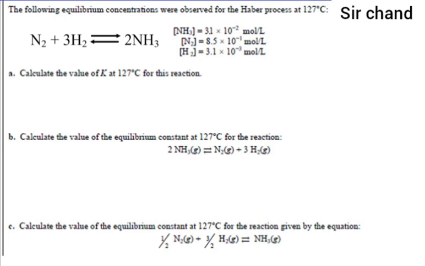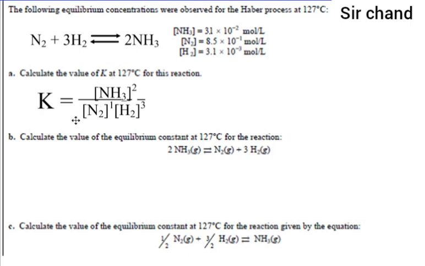All right, so calculate the value of K. We have to write our expression for this. So these are all gases, and we have concentrations for them, so we can go ahead and do that. So I know that this is the equilibrium constant expression. I highly, highly recommend that you always start an equilibrium problem by writing the expression.